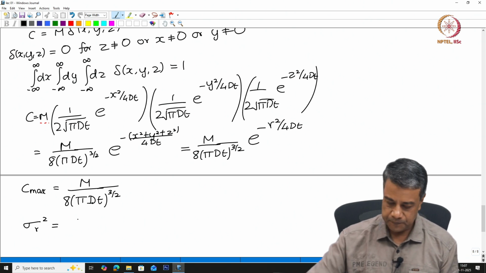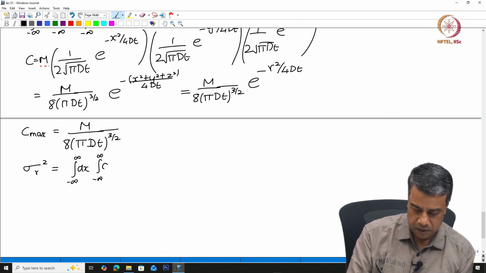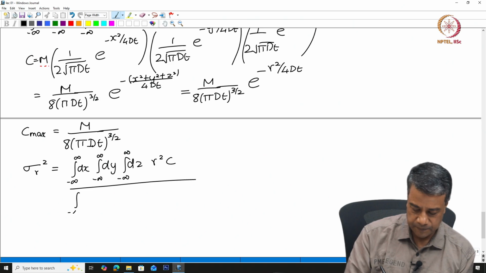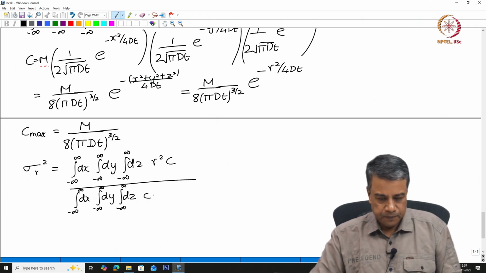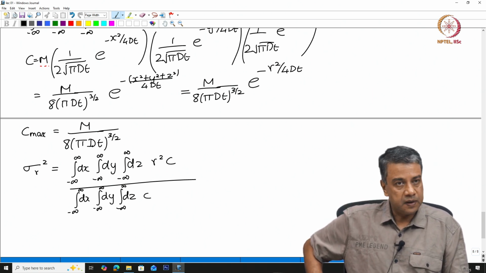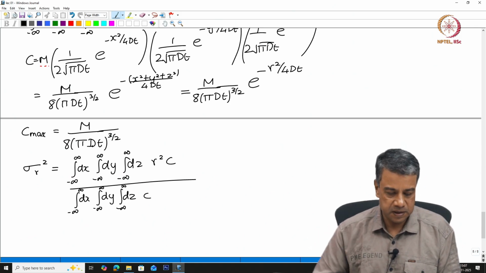This will be, you have to do an integral over all 3 coordinates of r square times c divided by the denominator, which is just equal to M, okay, that is the initial mass that was injected.